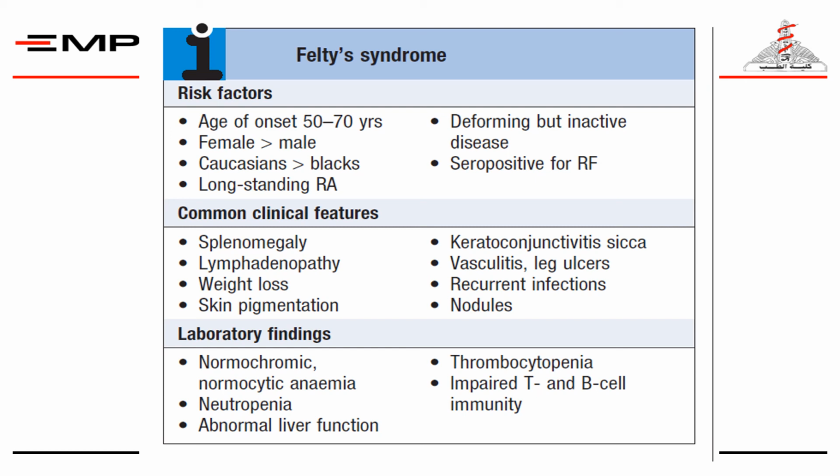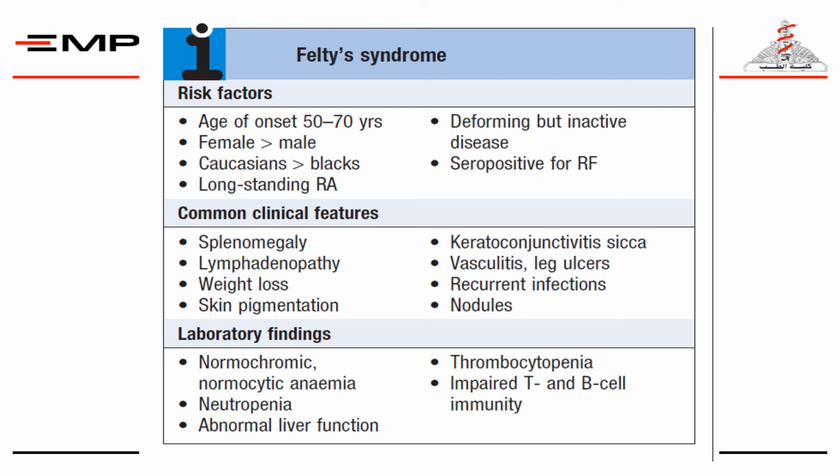Felty syndrome. Risk factors for Felty syndrome: age of onset between 50 and 70 years, females more than males, Caucasians more than blacks, long-standing RA, deformities but inactive disease present, and seropositivity for rheumatoid factor.